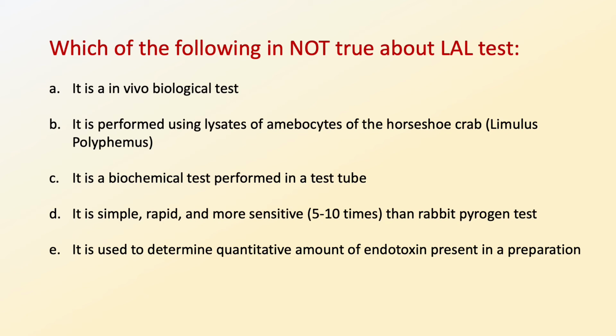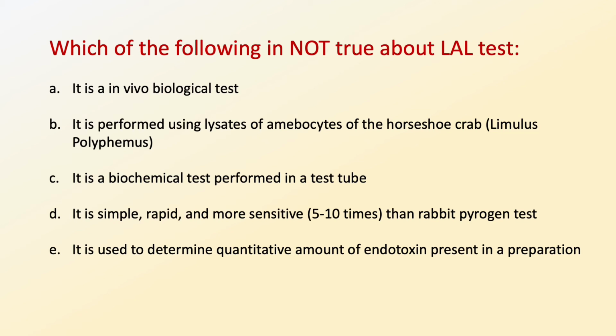Now, here we have to select the option which is not true about the LAL test. So, here are 5 options. Option A is, it is an in vivo biological test. Option B is, it is performed using lysates of amoebocytes of the horseshoe crab, that is Limulus polyphemus.